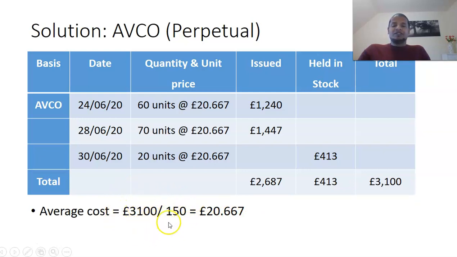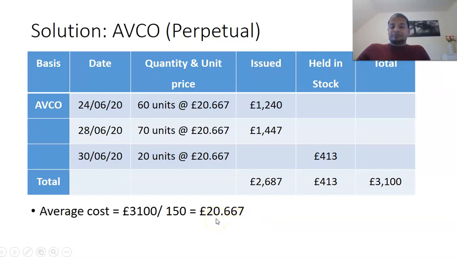The total number of units that we purchased was 150. If you divide 3,100 by 150, it comes to 20.667. I prefer three digits, particularly in this problem, because it will give you a more accurate result.